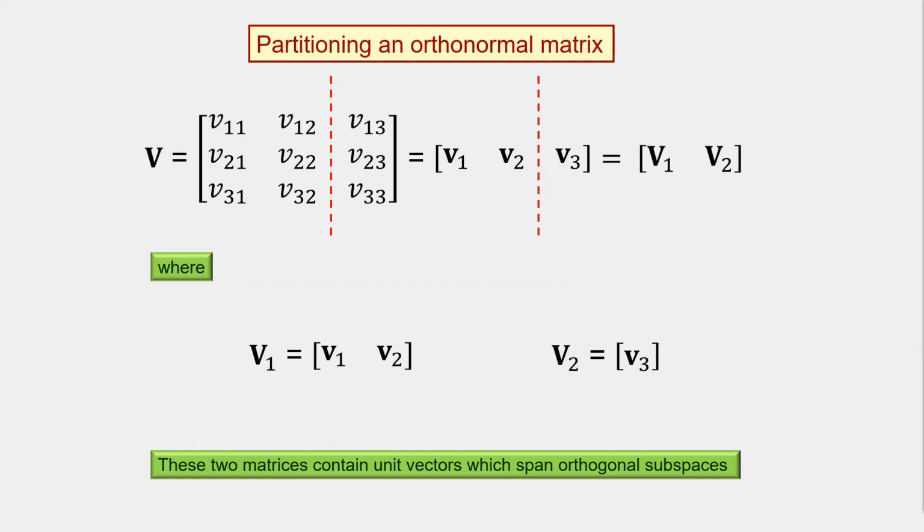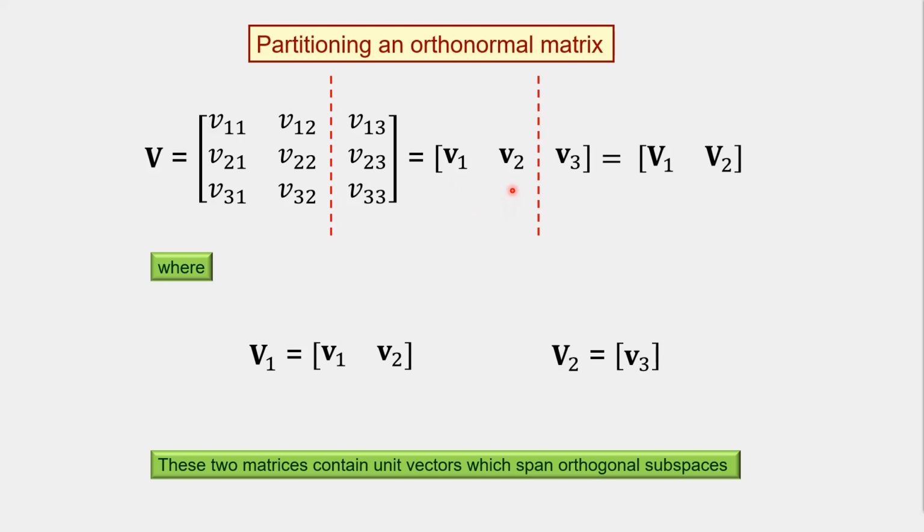We can partition any matrix, but we're just focusing on an orthonormal matrix at the moment. We can partition any matrix into submatrices. If we partition this orthonormal matrix, in this case a 3 by 3 orthonormal matrix, as shown by the red line, then we can define two subspaces of our vector space. The first subspace is spanned by the unit vectors v1 and v2 in this case.